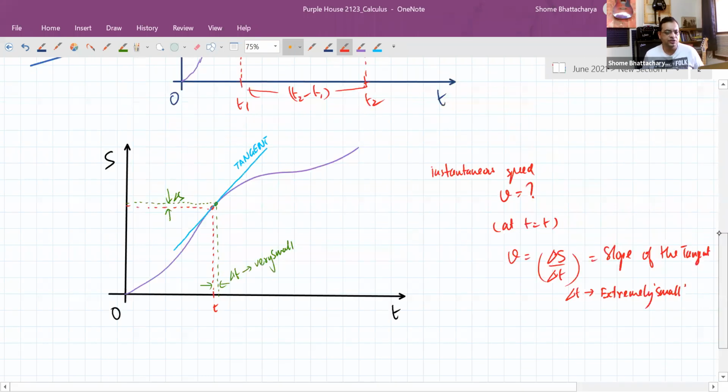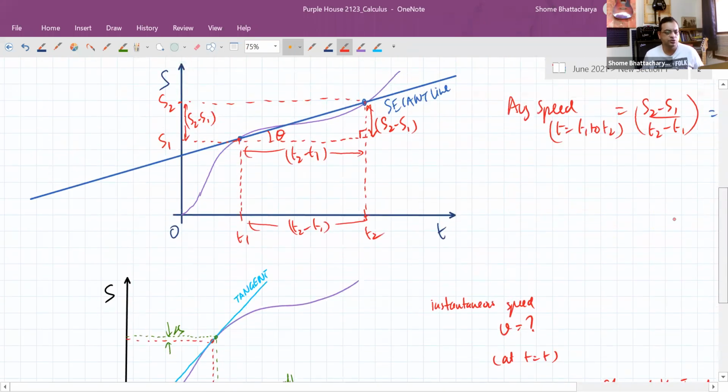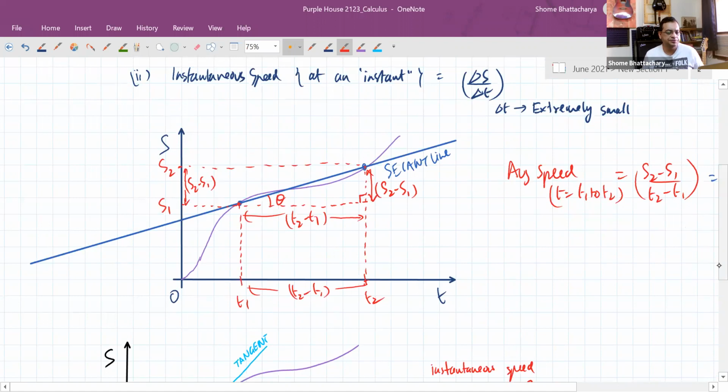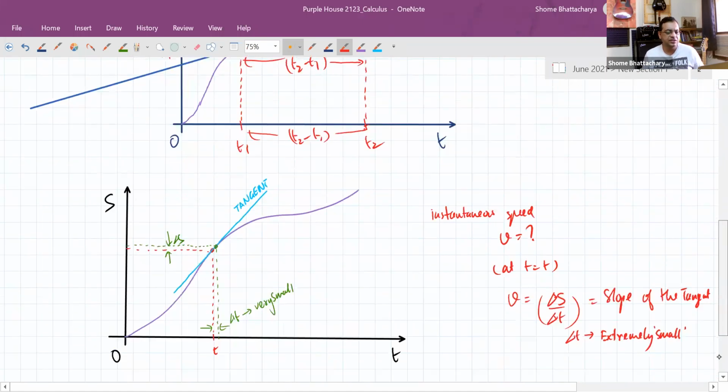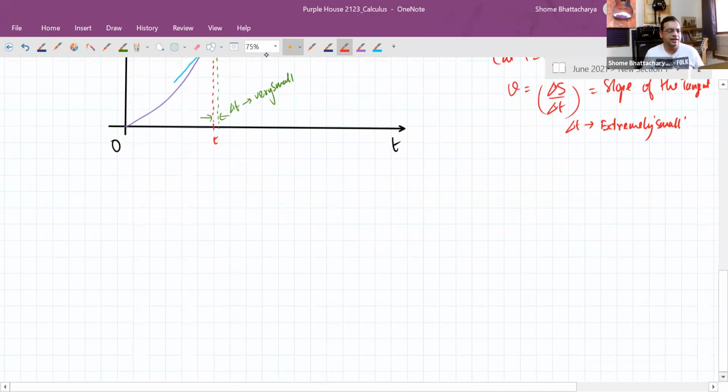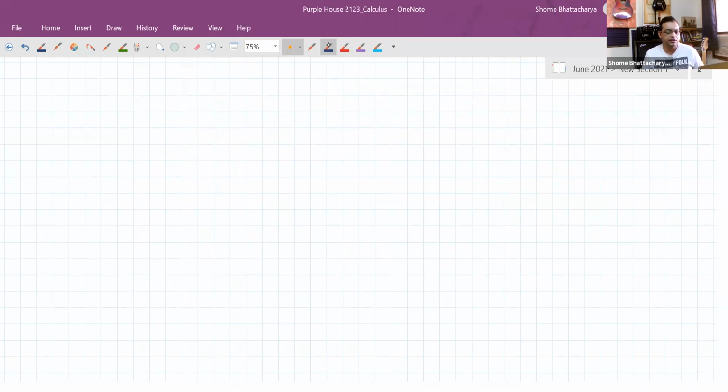Whereas for average rate of change, you can see we have a direct formula. We have S2 minus S1 upon T2 minus T1. So that is where the business of differential calculus comes in. Differential calculus gives us an operator or a mathematical operation that will give us a method to directly calculate the instantaneous rate of change.